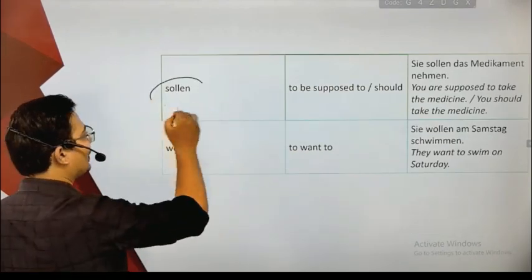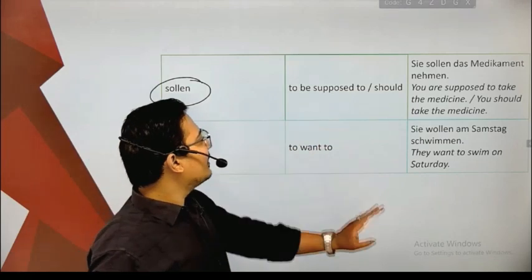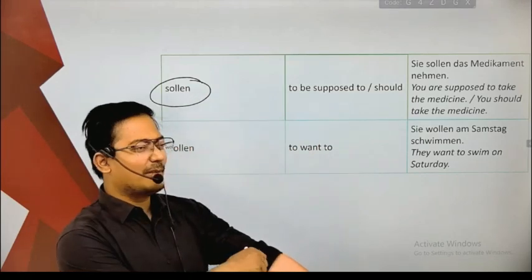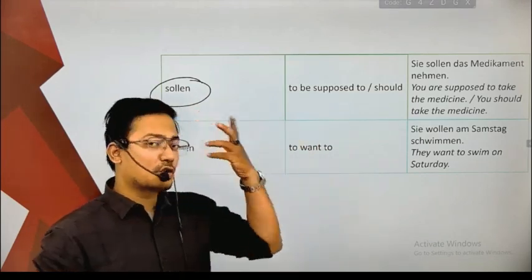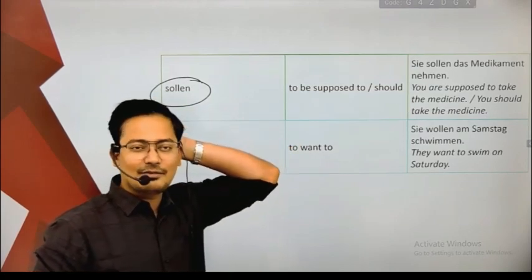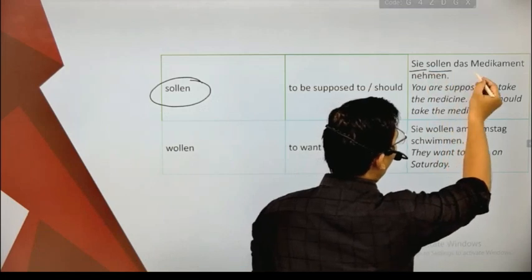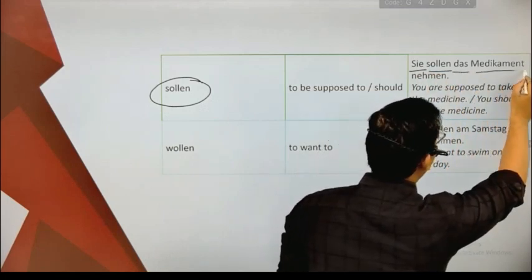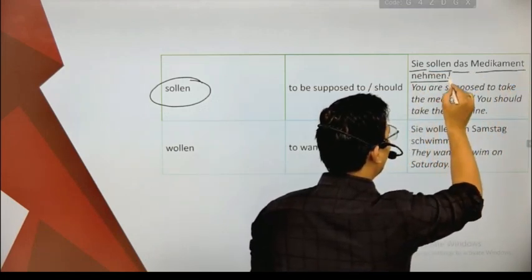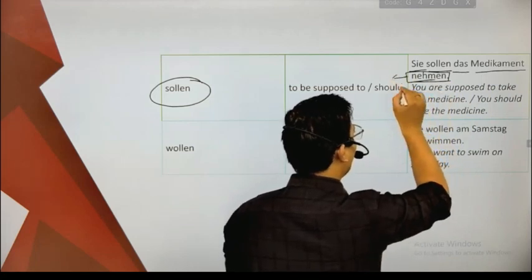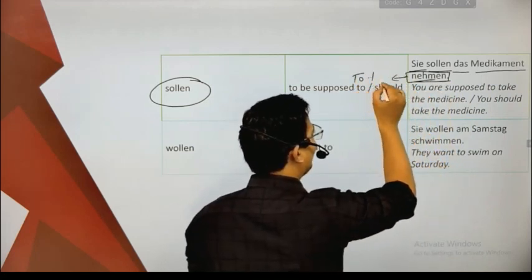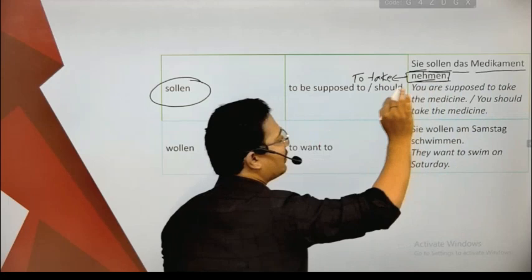Sollen. Sollen means to be supposed to or should. Basically, people use it as should. When it gives the sense of should, we use sollen. See, what is it? Sie sollen das Medikament nehmen. Nehmen means to take. Again, this is also a verb.